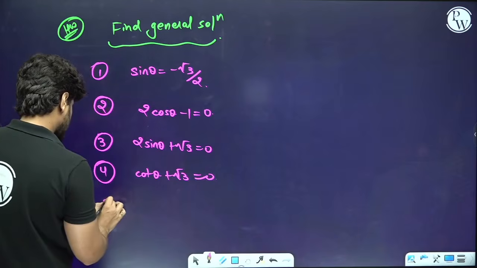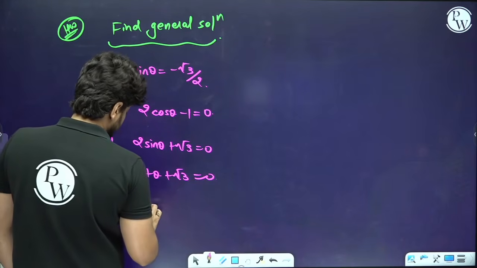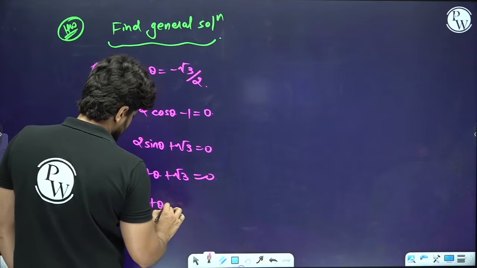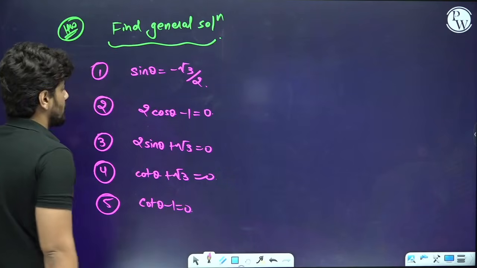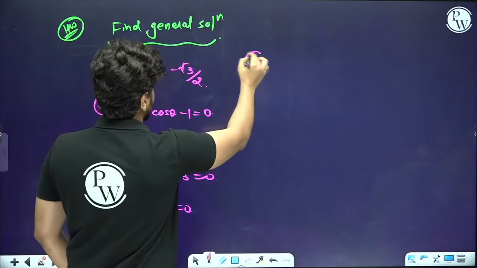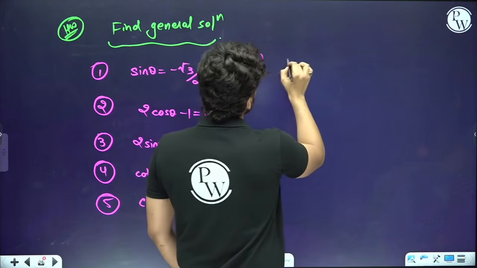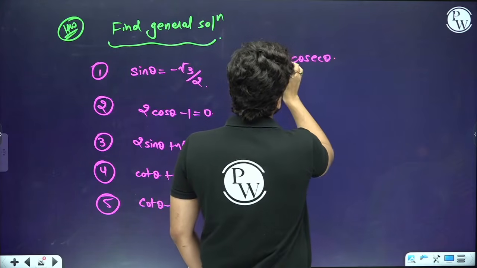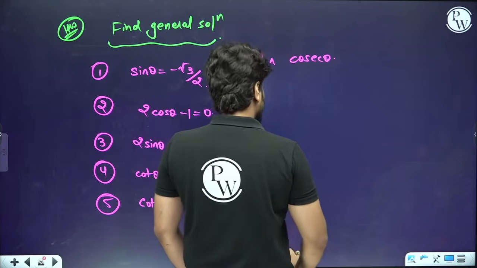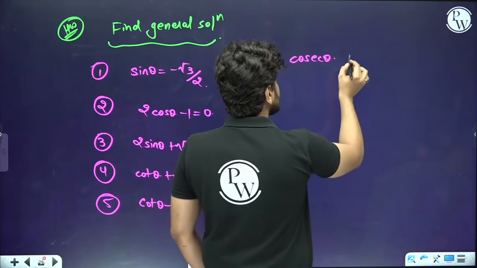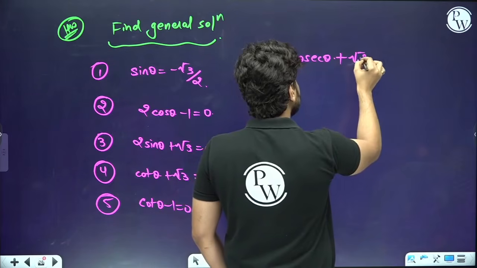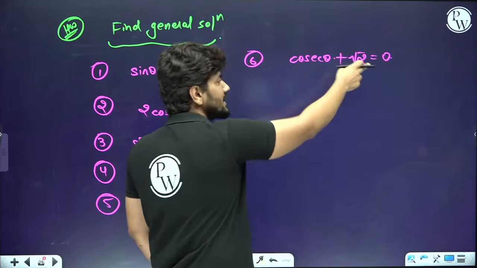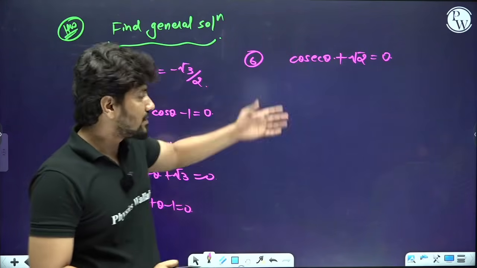Okay. Question number 5. Cot theta minus 1 is equal to 0. Cosec theta plus root 2 is equal to 0. So basically here cosec theta is equal to minus root 2. So you can convert it to sine.